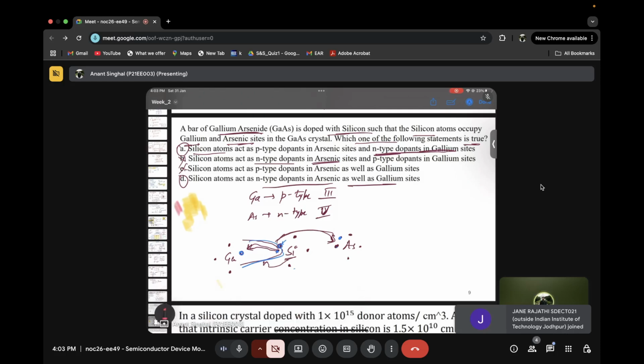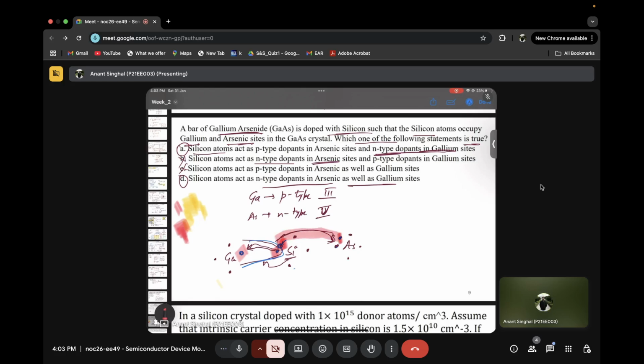Can you see the screen now? And this red also, right? So what I was trying to say is this gallium is deprived of one electron because it is group three. So we can take one electron from silicon and give it to this. Once we do it, this will create a hole at silicon, and arsenic already has an extra electron, so we can use this to fill it.